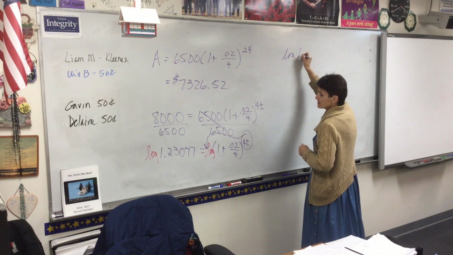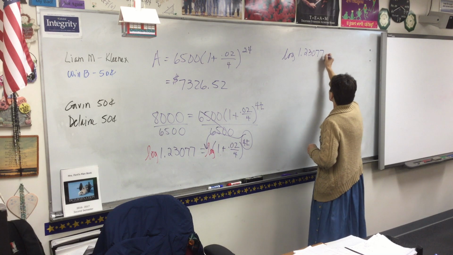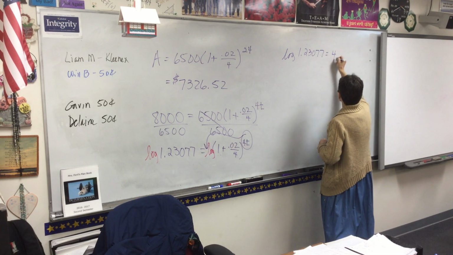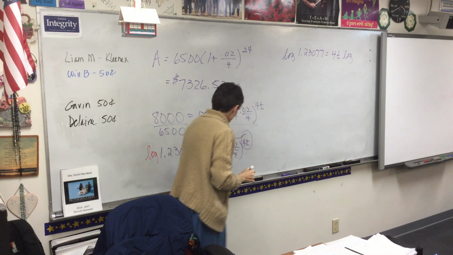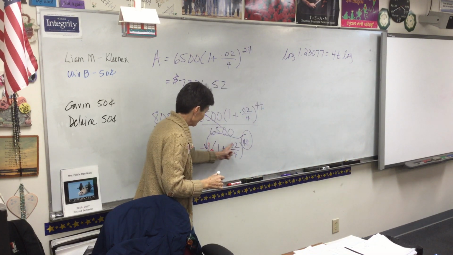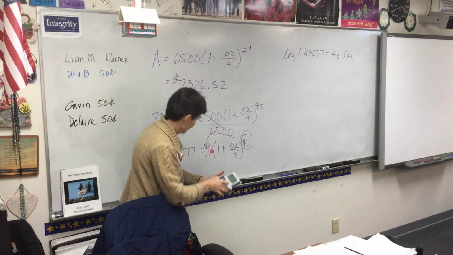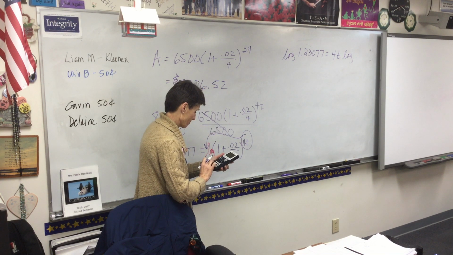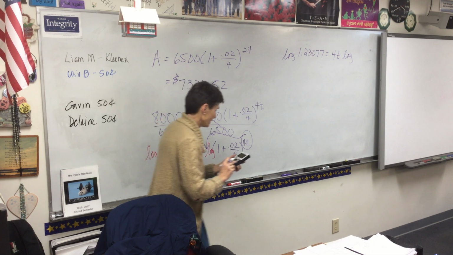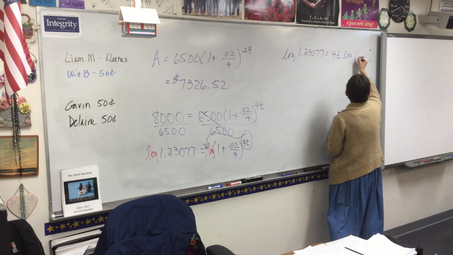So we have the log of this big decimal equal to 4T times the log of, can we simplify that? Yes. What does that equal? 1.005. So that comes out kind of nice.